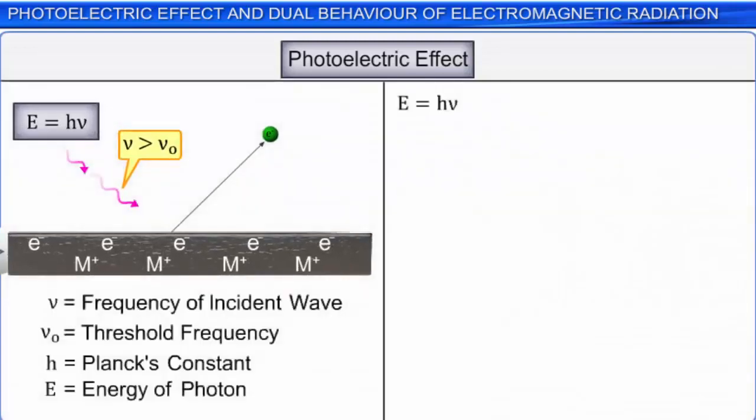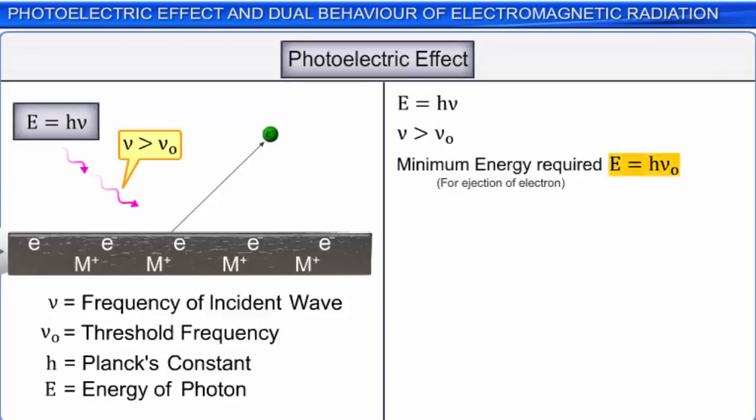Let us assume that the frequency of the photon of incident light nu is greater than the threshold frequency nu0. In other words, the striking photon has energy equal to h nu, and the minimum energy required to eject the electron is h nu0. As the energy of the incident photon h nu is greater than h nu0, the remaining energy, that is h nu minus h nu0, is imparted as kinetic energy to the electron.